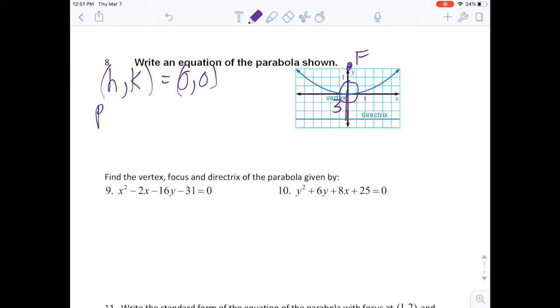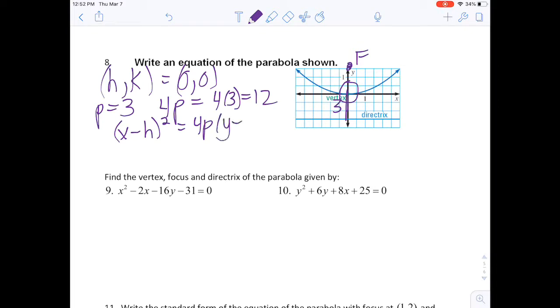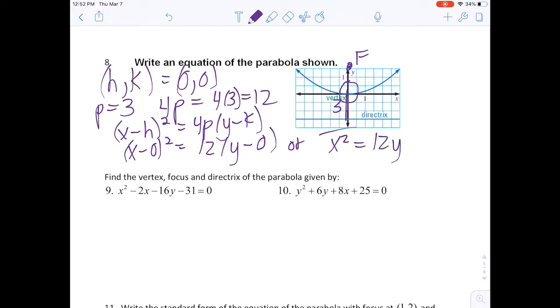P equals 3. 4p is going to be 4 times 3, which is 12. So it should be x minus h squared, since it's going upwards, equals 4p times y minus k. x minus 0 squared equals 12 times y minus 0, or x squared equals 12y.